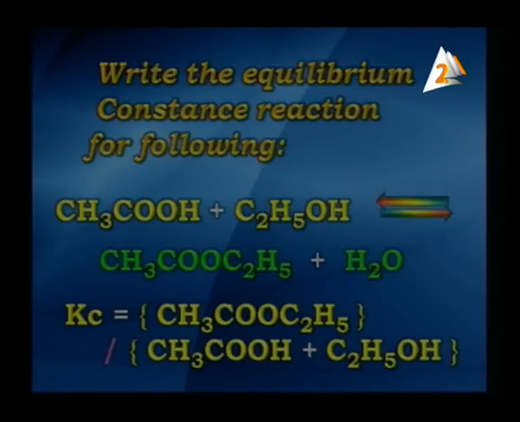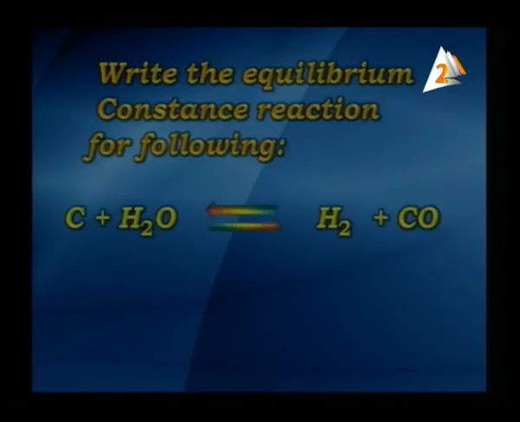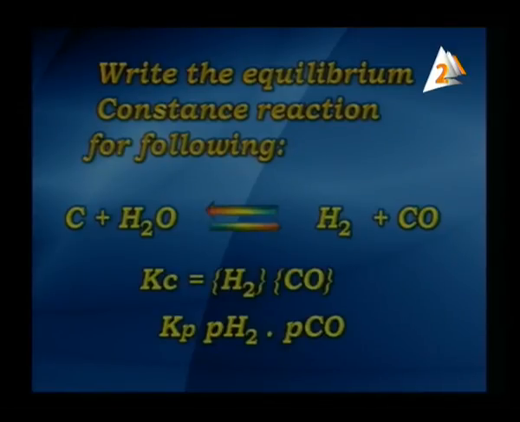What will happen after this? Directly we move to this one. Write the equilibrium constant for C plus water in a reversible reaction giving hydrogen plus carbon monoxide, CO. Now you need Kc, which equals H2 times CO. So here Kp equals pH2 times pCO.